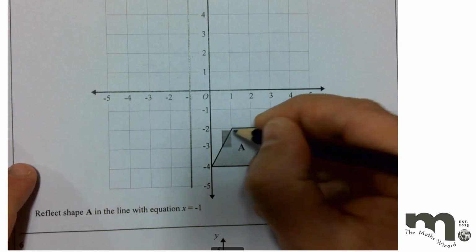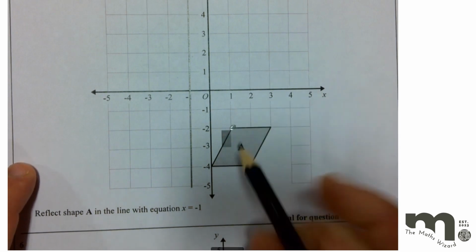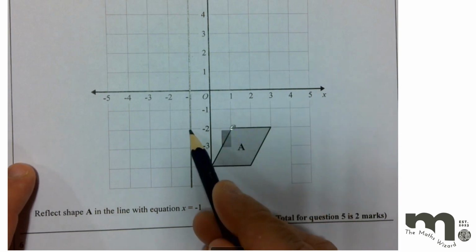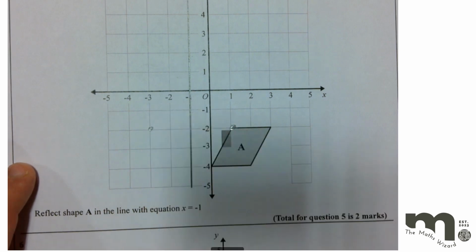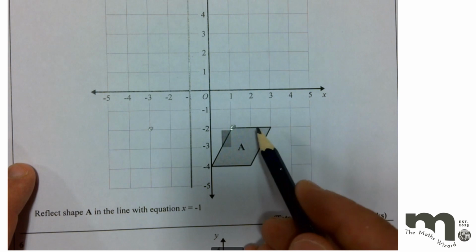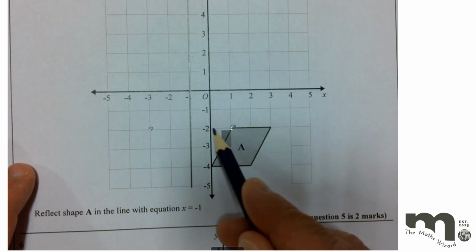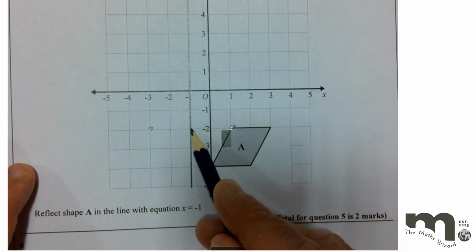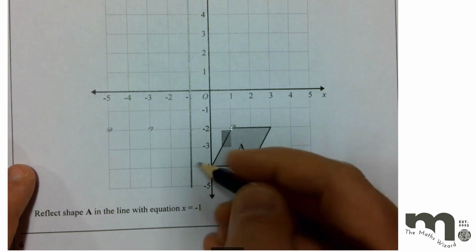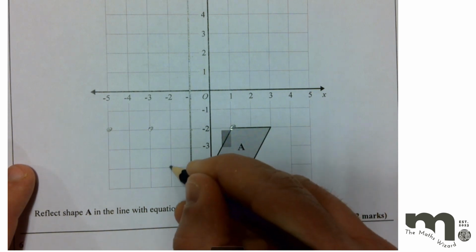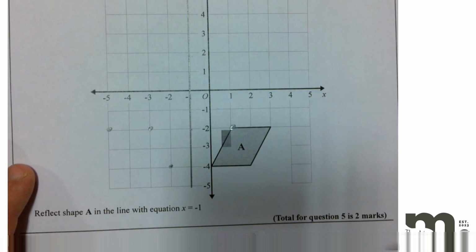So if we start with this point here, that's 2 squares away from the reflection line. So we're going to do 2 squares away the other side. This one here is 4 squares away, so it's going to be 4 squares away the other side. And then this one down here is only 1 square away, so it's going to be 1 square away the other side.